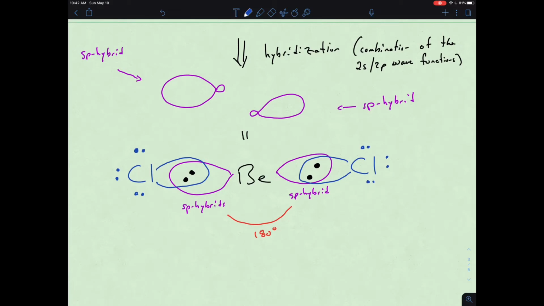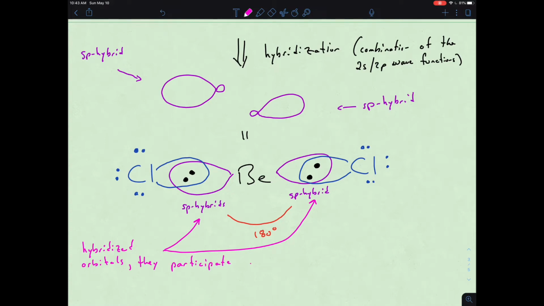And so these sp hybrids, remember, these are our hybridized orbitals, and they participate in sigma bonds.